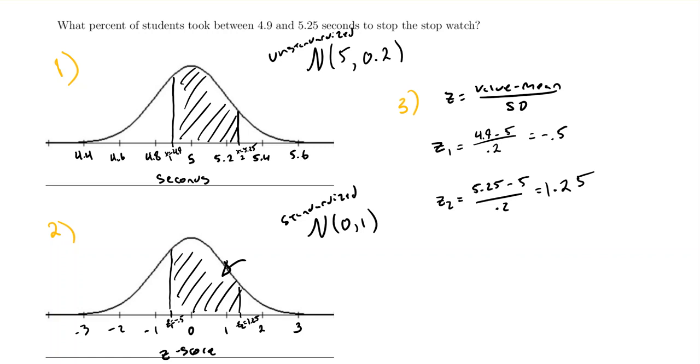The easiest way to do that is going to be to find the area to the left of our z-score of 1.25, and then subtract off the area to the left of our z-score of negative 0.5, because that would take away what we're counting in our original number that we don't want. So we can go to our table.